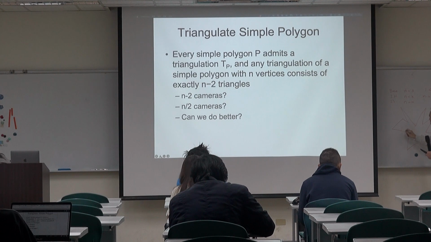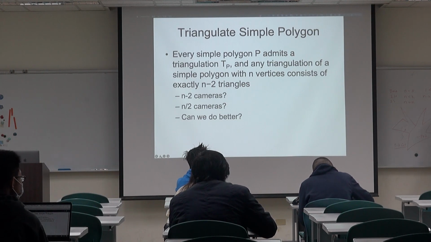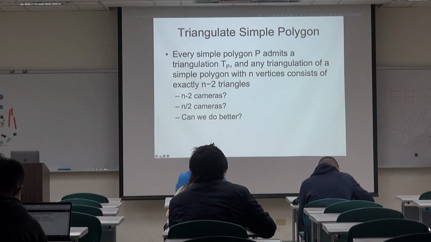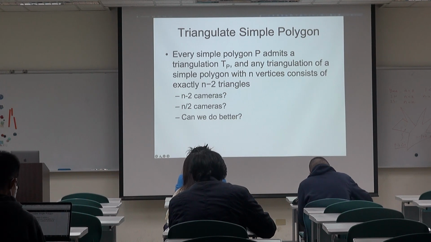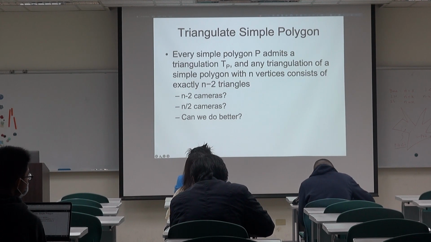In other words, this part will have p minus 2 triangles, and this part will have k minus p plus 2 minus 2 triangles.